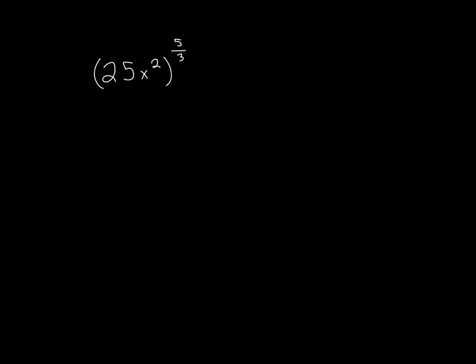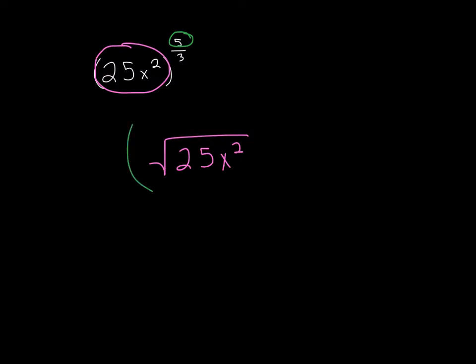Okay, for the next example, we see our base grouped together, which becomes our radicand, 25x squared. Now my exponent is a 5. So I need to make sure I group that together and do the whole thing to the 5th power.